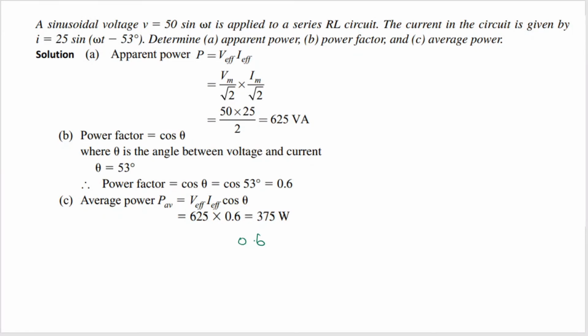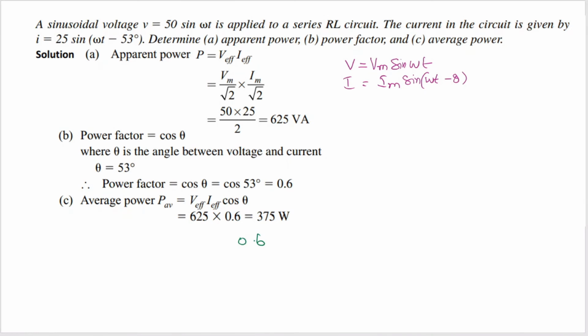He is asking to find apparent power, power factor and average power. What is given? V is equal to Vm sin omega t, and I is equal to Im sin(omega t minus theta). Same formula you can use.